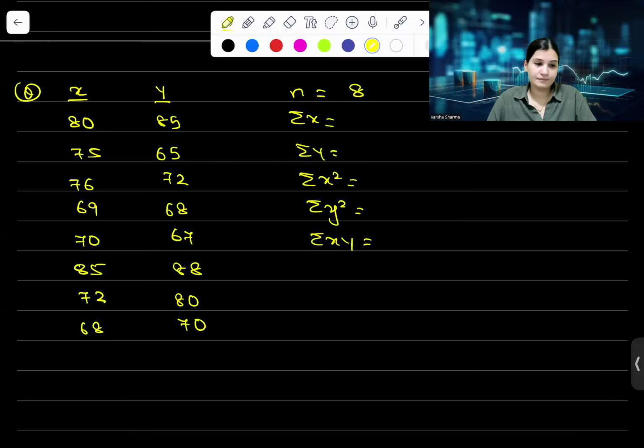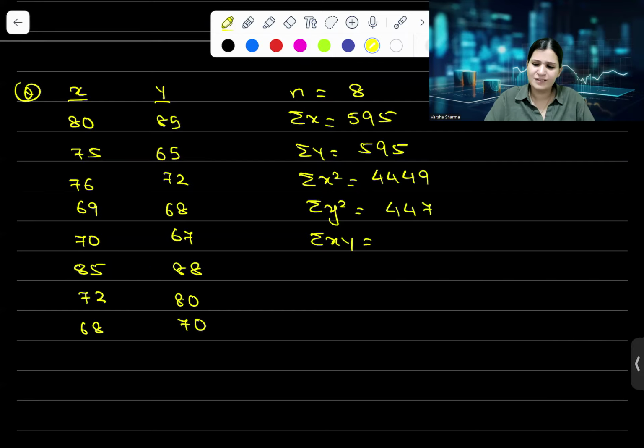Summation x, 595. Summation y, 595. Summation x square, 44495. Summation y square, 44791.